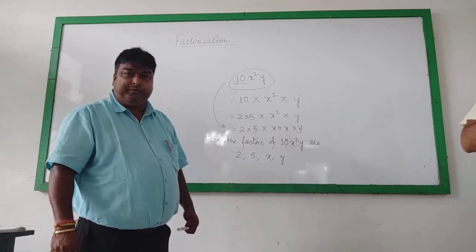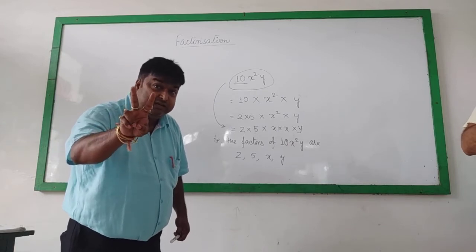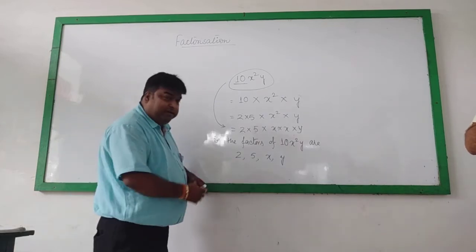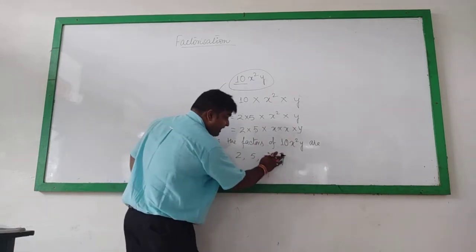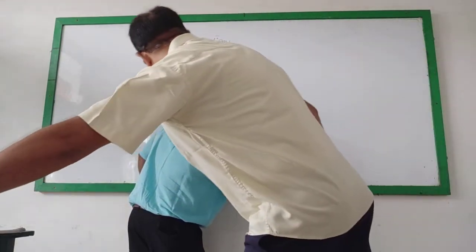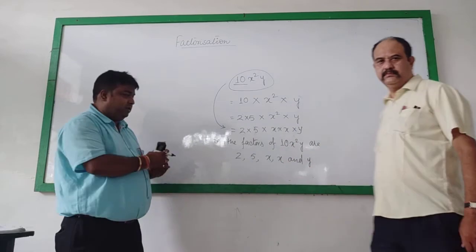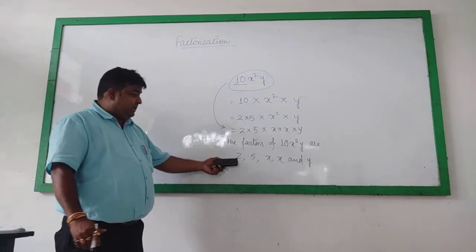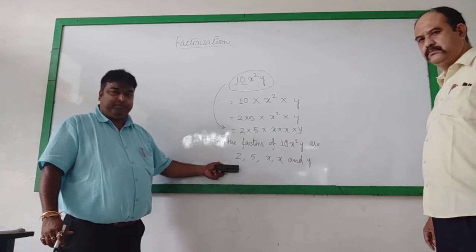So to get x square, we need two x's, isn't it? So when you write the factors of 10x square y, two x's are generating here, so you have to write both the x. Understand? So that's why in the book it is written like that, and that is the correct one.